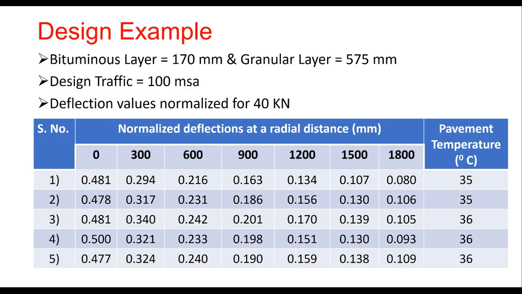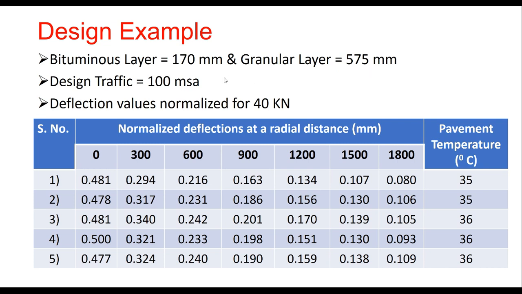Now let us take one example. How do we determine the overlay thickness based on FWD data? Let us say this is the present composition of the pavement: the bituminous layer is 170 millimeter and the granular layer is 575 millimeter.